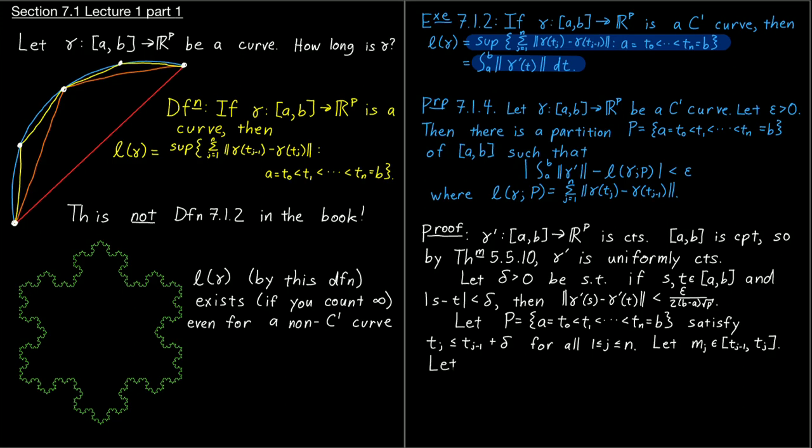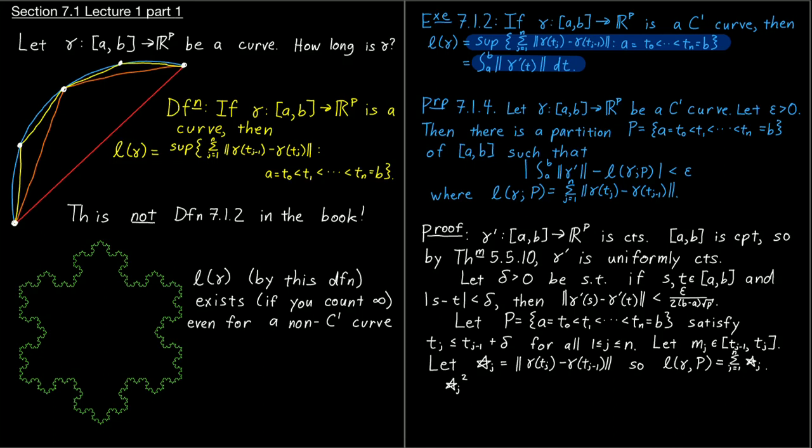So let's call it star sub j, the norm of gamma of Tj minus gamma of Tj minus 1, so that the length of gamma measured over P is the sum of those quantities, star sub j. And now let's try to estimate star sub j.